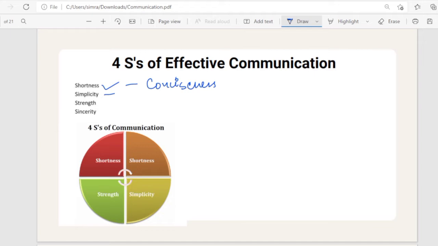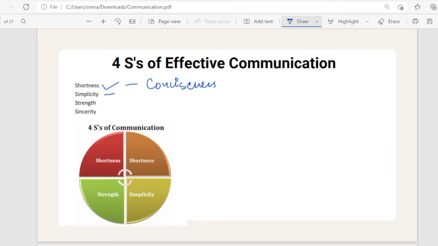Okay. The next S is strength. Now strength means what? Whenever I am communicating with you, I am giving you some information. I should have a belief that whatever I am teaching and explaining to you, all the concepts and all the topics, are correct, first of all.